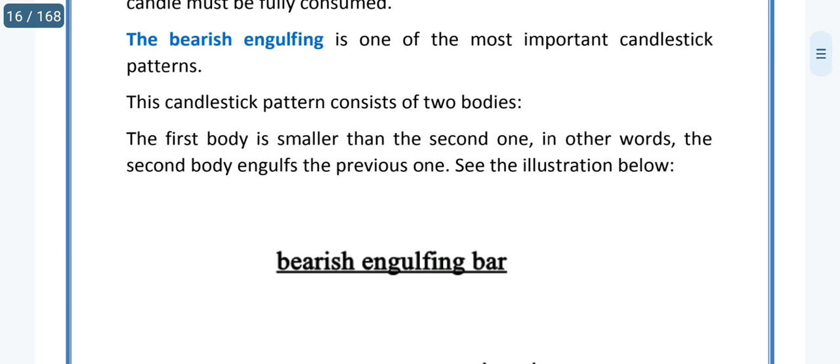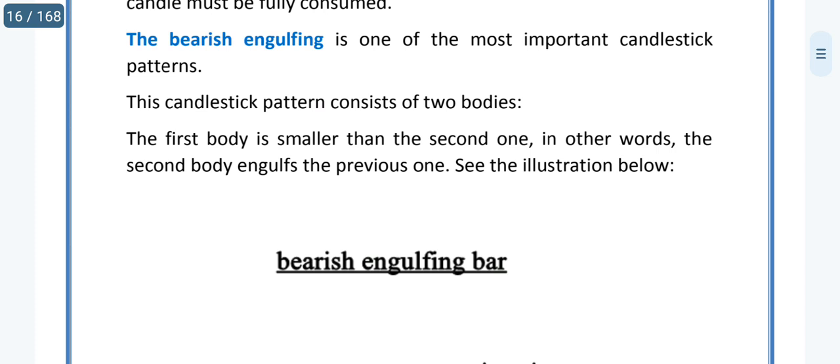The bearish amplifying bar is one of the most important candlestick patterns, and it consists of two bodies. The first body is smaller than the second one. In other words, the second body engulfs the previous one.